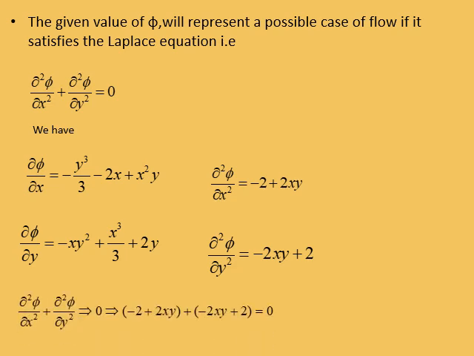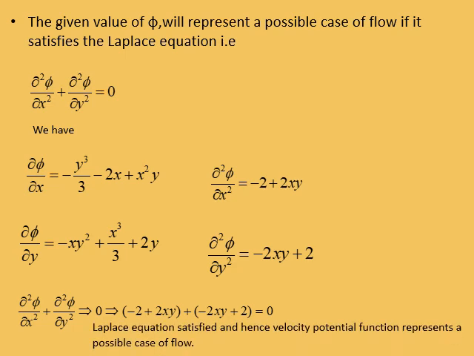Dou square phi by dou x square plus dou square phi by dou y square is equal to 0. So in this numerical it is satisfied, correct? For that reason the Laplace equation is satisfied, hence the velocity potential function represents a possible case of flow.